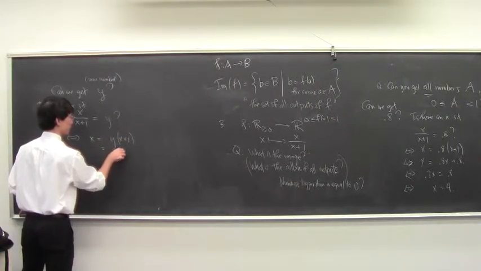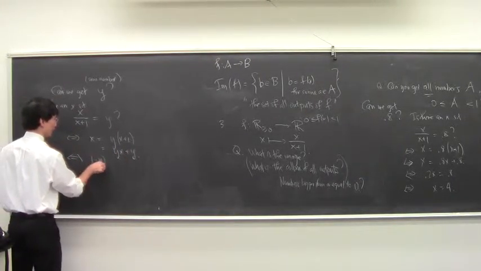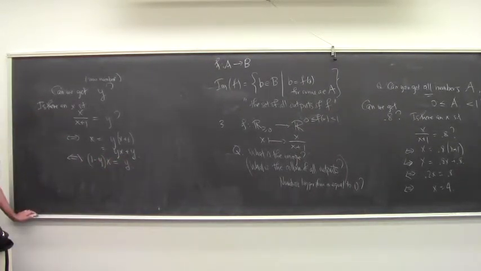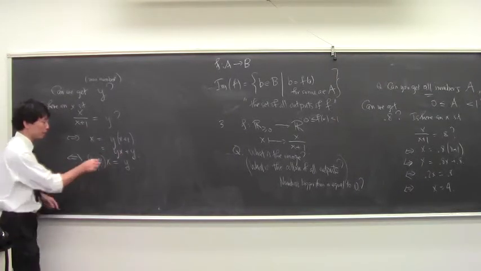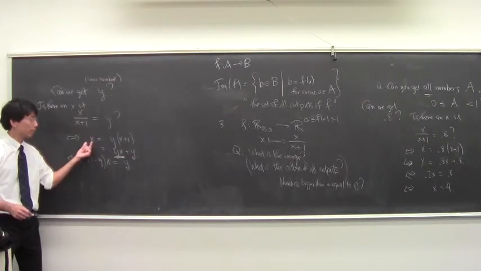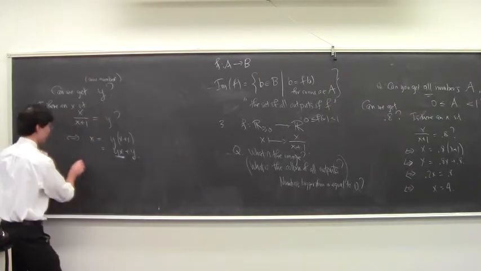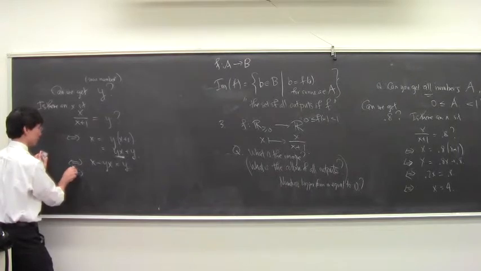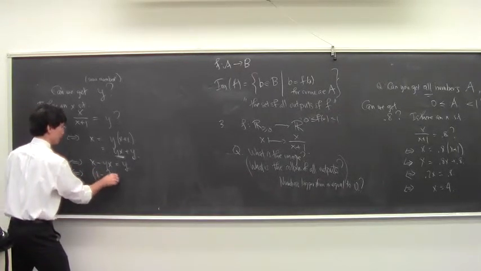That's yx plus y. Just move the yx to the other side, you get x minus yx equals y. In other words, distributing out the x, 1 minus y, times x equals y.